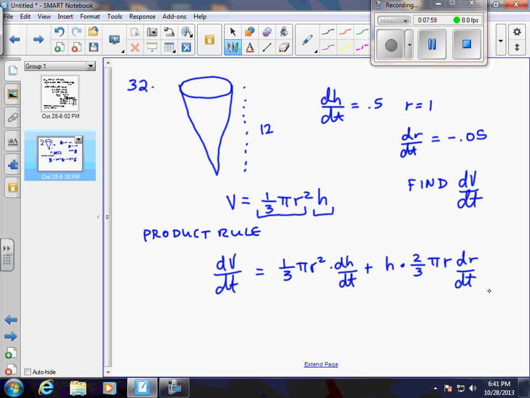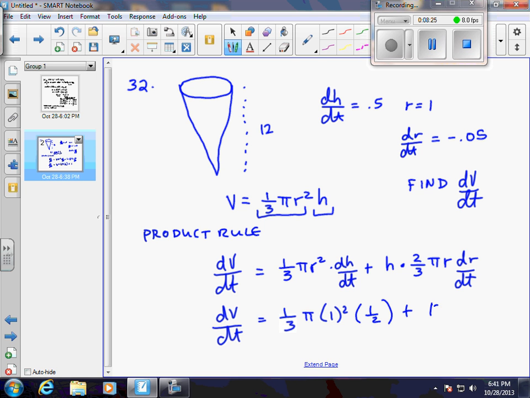Now we just put in all of our numbers. We're looking for dV dt. We have that the radius is 1. dH dt is 0.5. I'm going to change it to a fraction because I can't multiply decimals in my head.